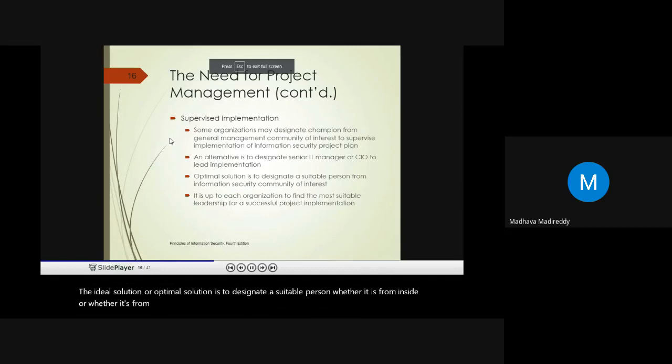It needs to be someone from the information security community of interest who is professional in information security management and also very good at implementation of the project. So two skills must overlap. It is up to each organization to find who that particular leader is for successful project implementation.